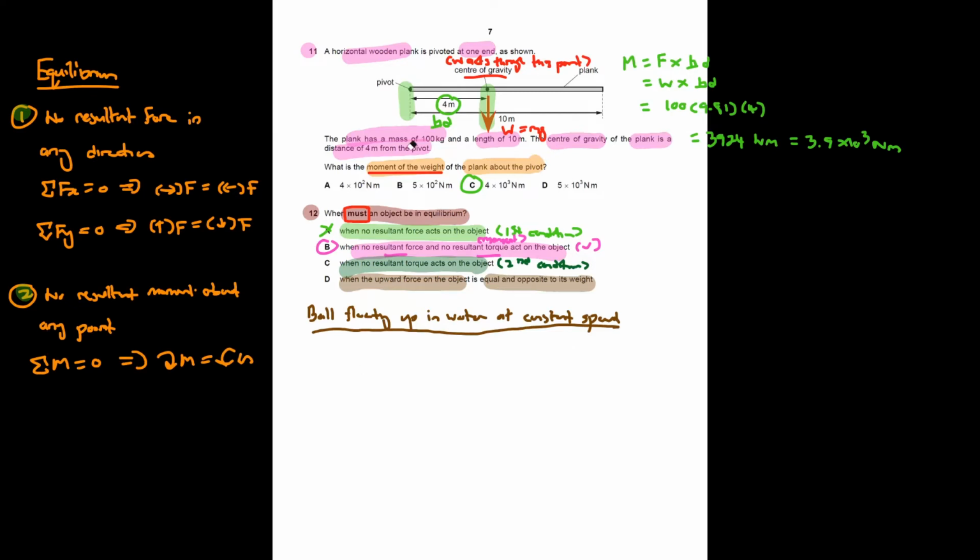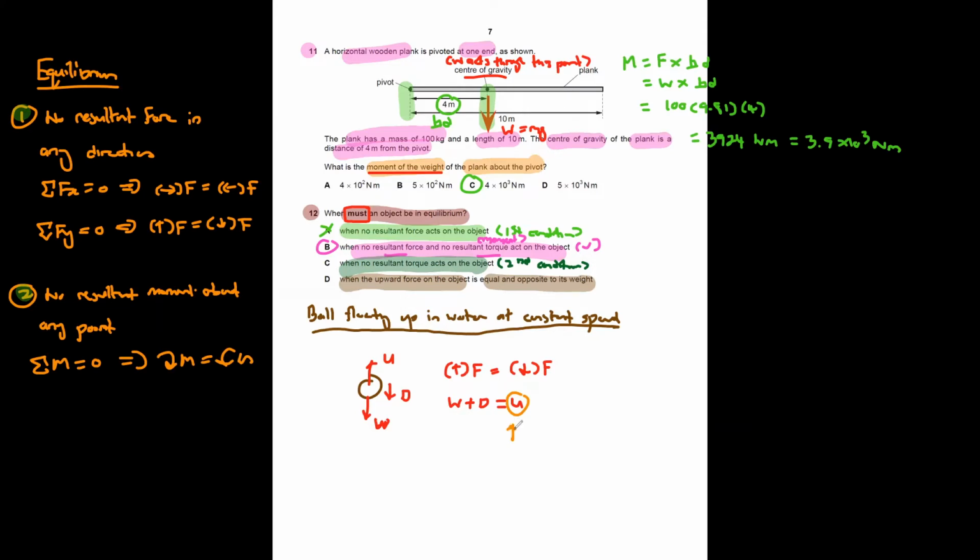So this is the ball. You have upthrust, you have weight, you have drag force. In my case, because it's in equilibrium, upward force must be equal to downward force. So weight plus drag force equals upward force.